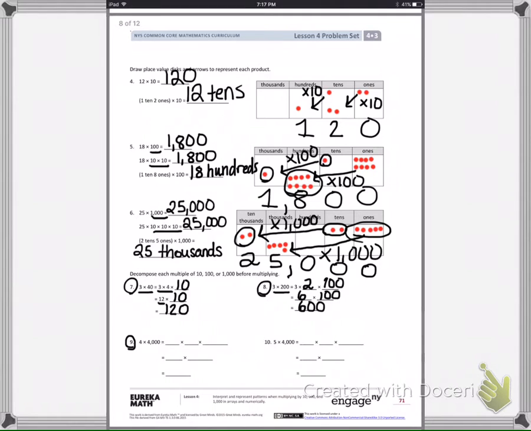Number 9. 4 times 4,000 equals, leave our 4, take your 4,000. 4,000 is the same thing as saying 4 times 1,000. 4 times 4 is 16, and we still have our 1,000. 16 times 1,000 equals 16,000. Try number 10 on your own.